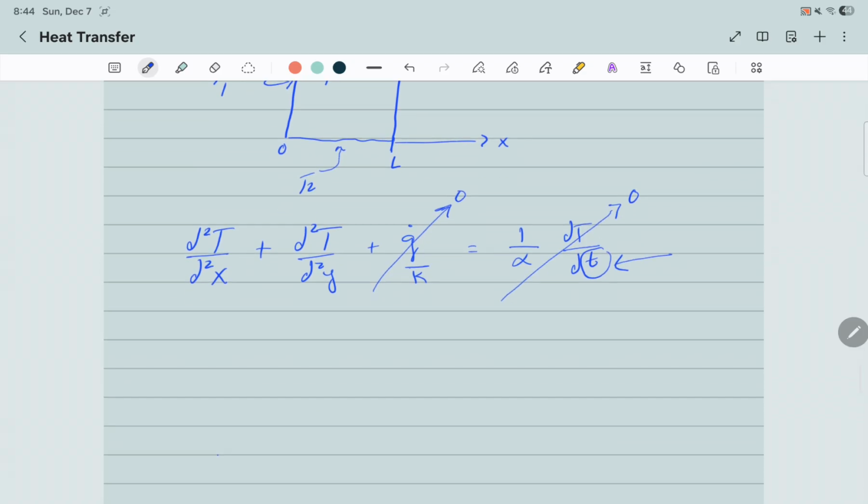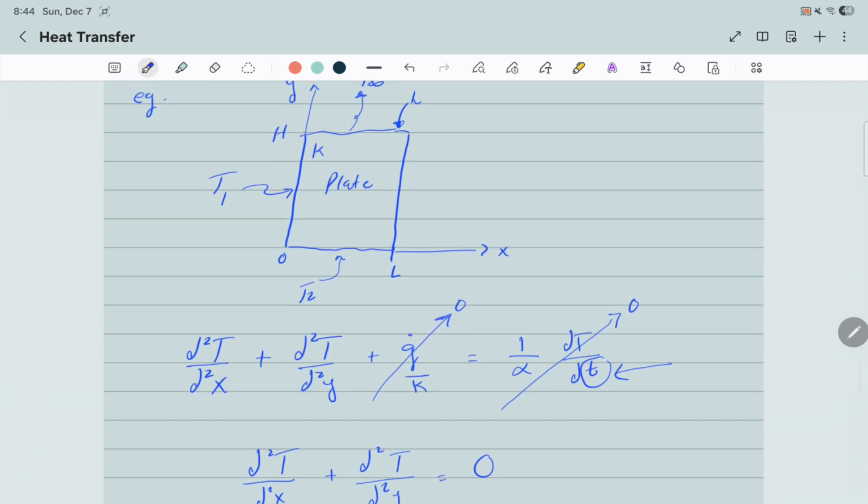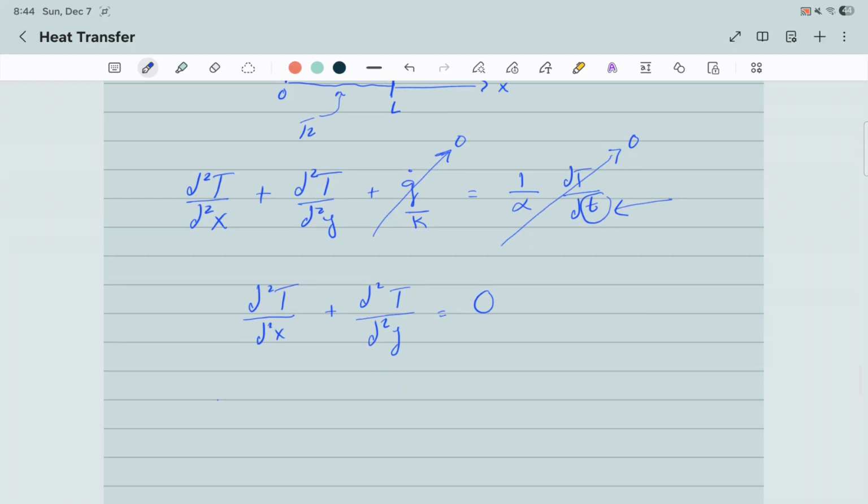Therefore, we'll be left with the second derivative of temperature with respect to x plus the second derivative of temperature with respect to y equals 0. To solve this equation you need at least 4 boundary conditions: 2 boundary conditions for x and 2 boundary conditions for y.